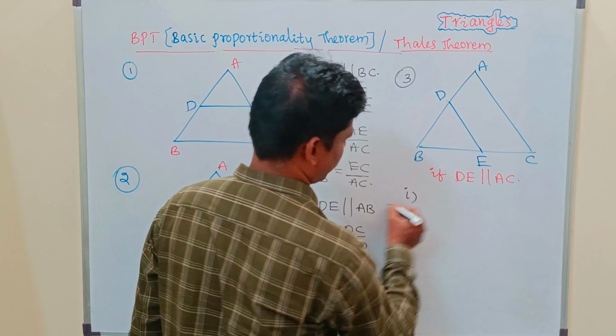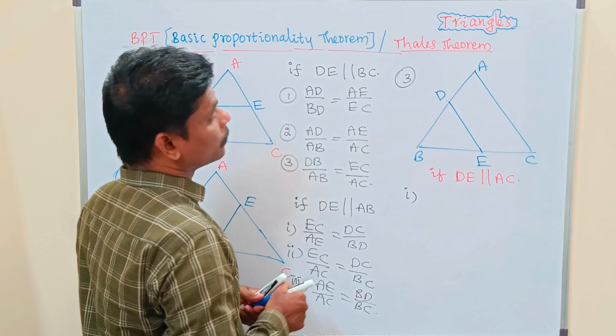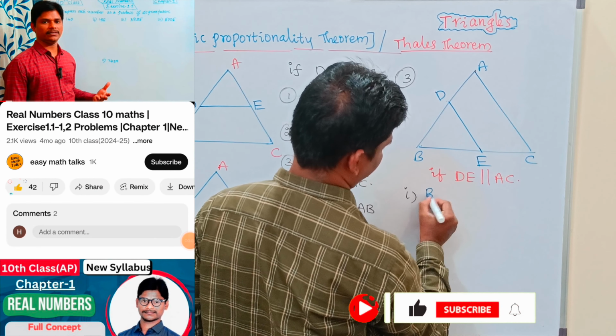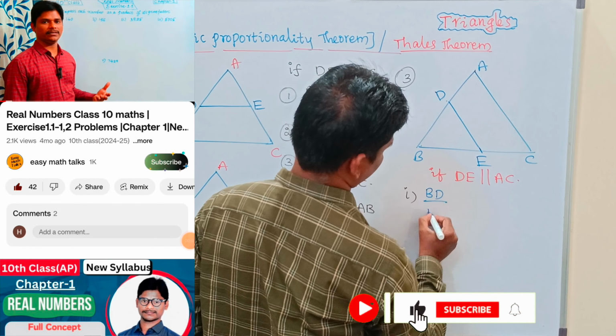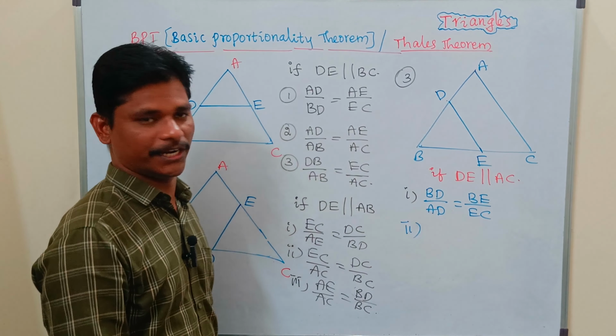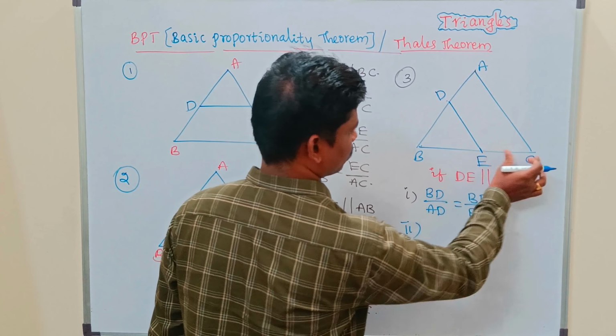The first point: small sides DB by AD, or BD by AD, is equal to BE by EC. Next, second point, small side ratio and small by big, BE by BC and BD by AD.